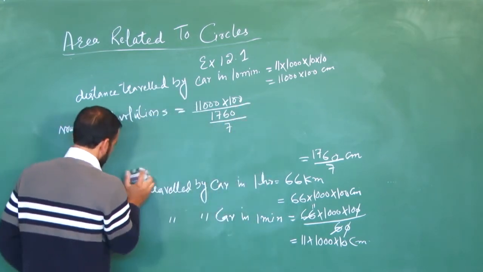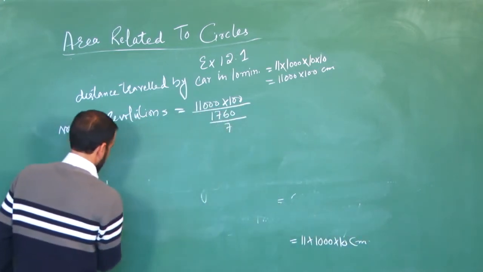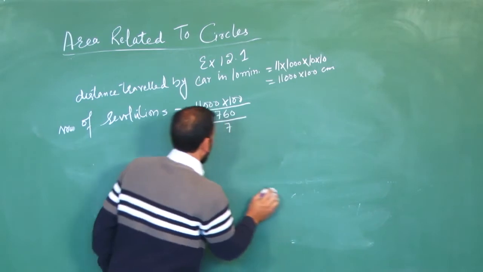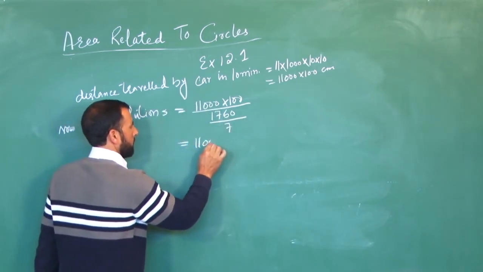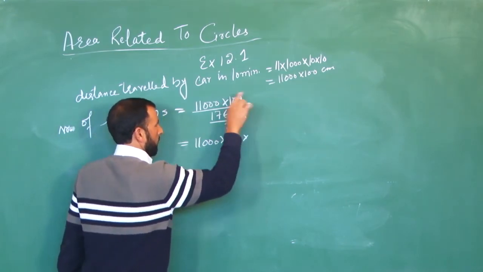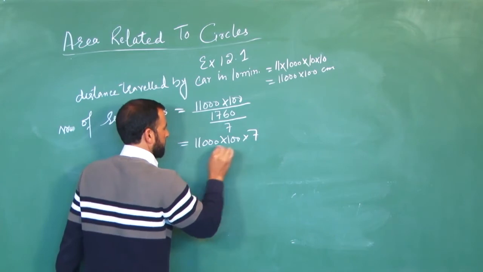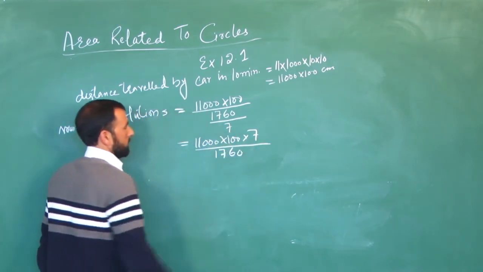That implies here we calculate this value, we get 11,000 into 100 divided by this and multiplied with this 7, whole divided by 1760.